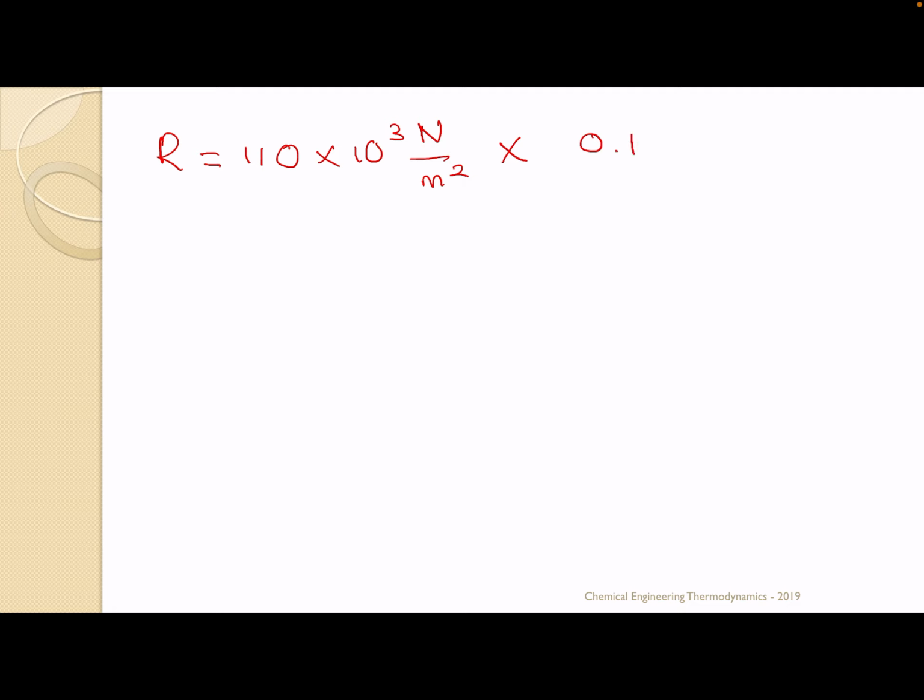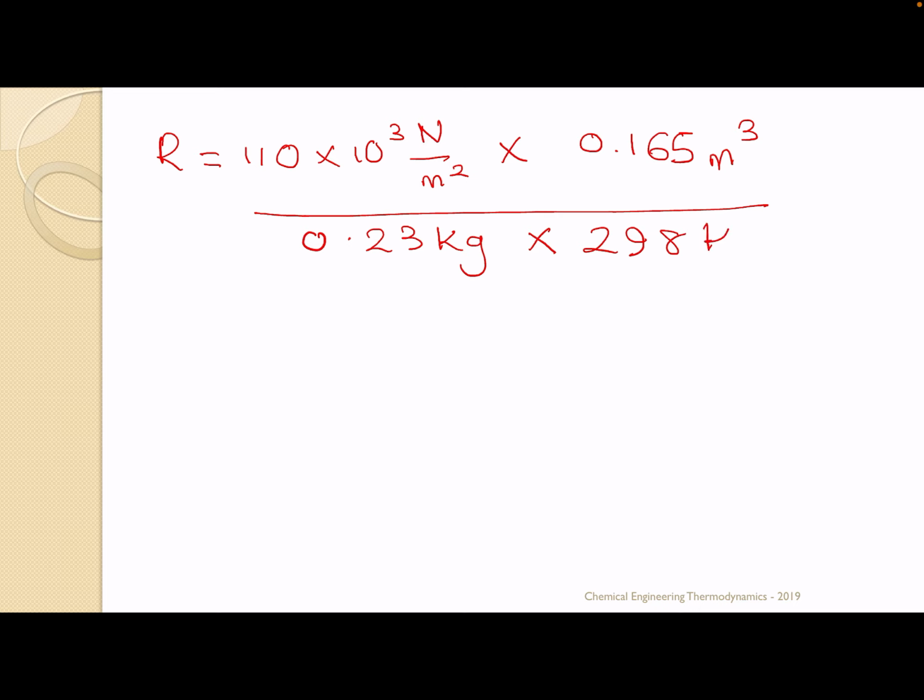And then the V, 0.165 meter cube, divided by our m. We've been provided the mass, 0.23 kilogram. And then we have the temperature, 298 Kelvin.